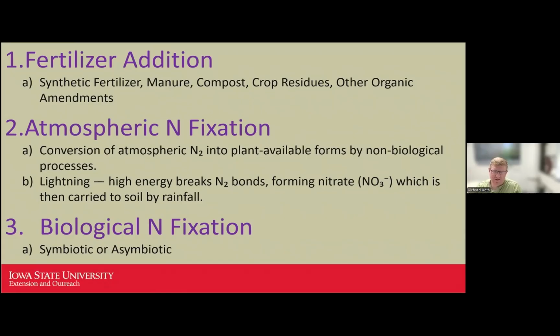It can be symbiotic or asymbiotic. The most common thought pattern here is legumes, right? Legumes fix their own nitrogen. That's a form of symbiotic nitrogen fixation. So that's really how we would add nitrogen. There's maybe some other ways, but these are the primary pathways by which we add nitrogen to the soil.